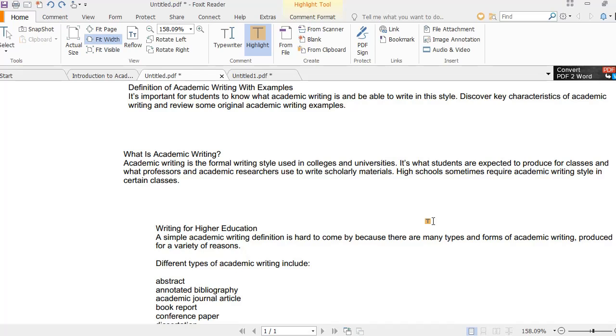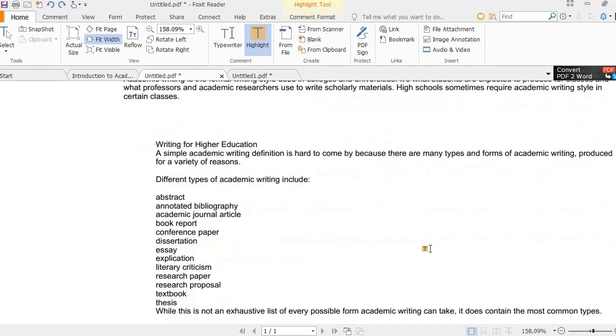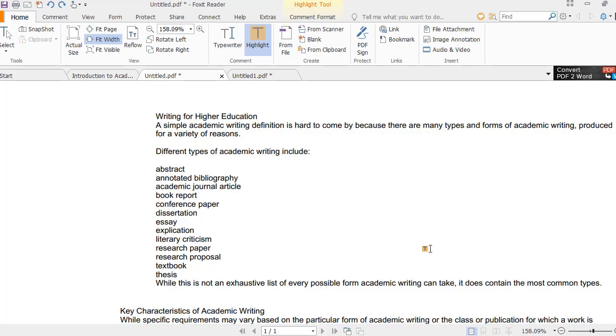Okay. Now, writing for higher education. A simple academic writing definition is hard to come by because there are many types and forms of academic writing produced for a variety of reasons, which means there are different purposes to write in the format of academic writing.